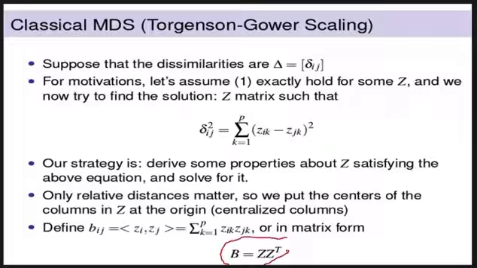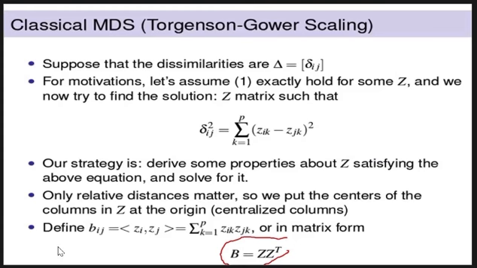We believe that Z is going to come from the decomposition of a particular matrix B. But how is matrix B formed? We have to form matrix B, and after forming it, we decompose it to find the coordinates.